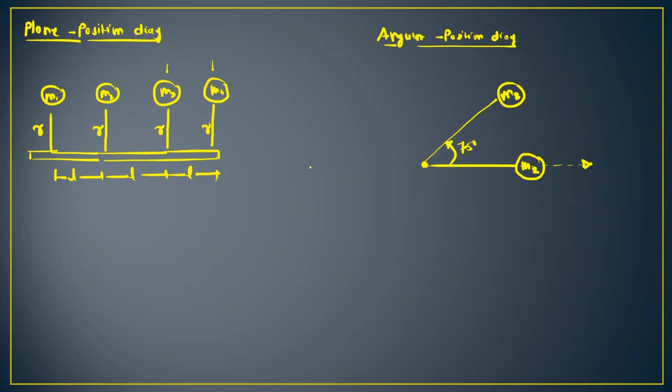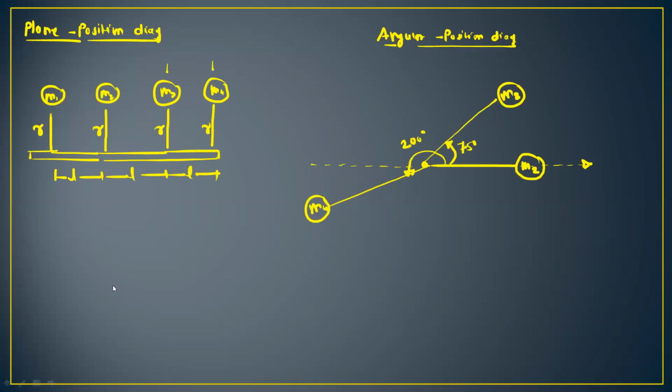And for the mass m4, the angle is 200 degrees. So with respect to m2, this total angle is 200 degrees. Okay, so this is the angular position diagram.